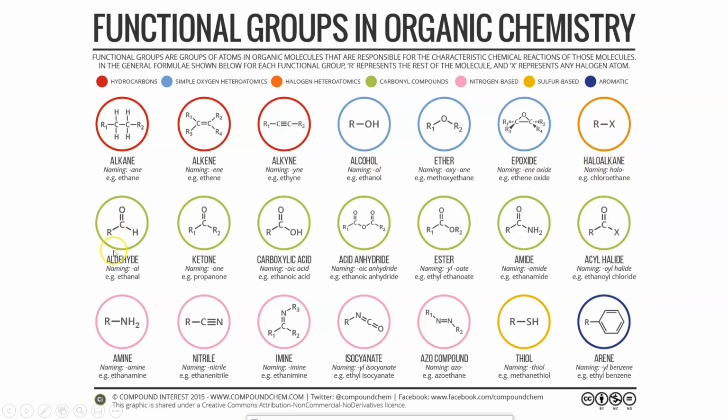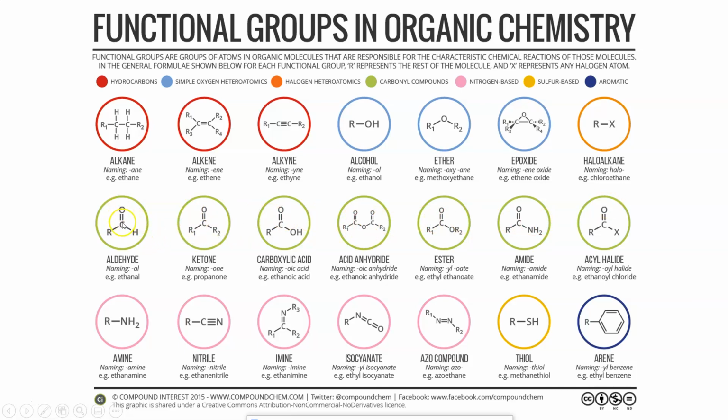And in the same way, we can define aldehydes, ketones, carboxylic acids, acid anhydrides, esters, amides, acyl halides, all right? All of these here, for example, if you see, they have a double bond between a carbon and an oxygen, all of them. However, the rest of the molecule is different.